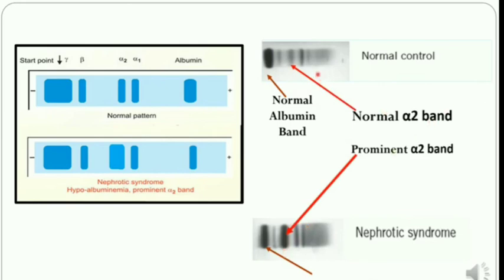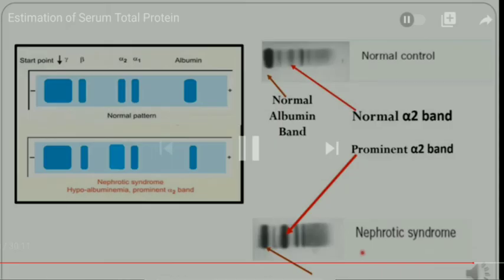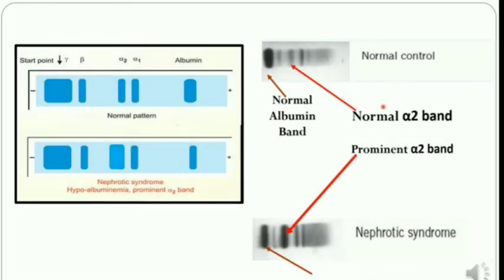This is normal, and this is quite darkly stained, which means it is increased in concentration. So the hallmark of the nephrotic syndrome gel electrophoresis pattern is that the alpha 2 band will be prominent and the albumin band will be faint in staining.